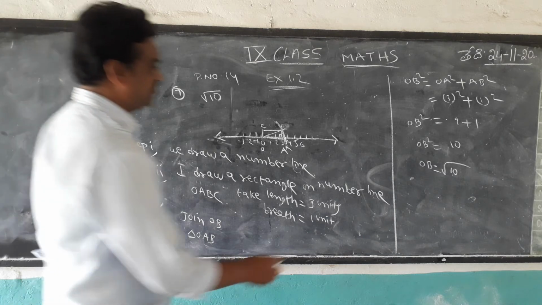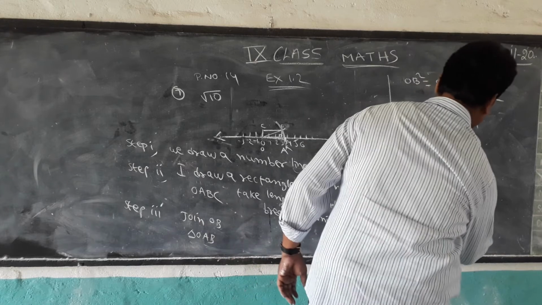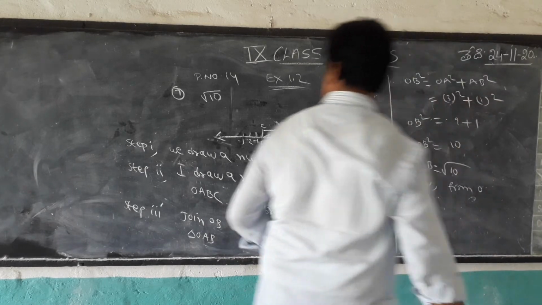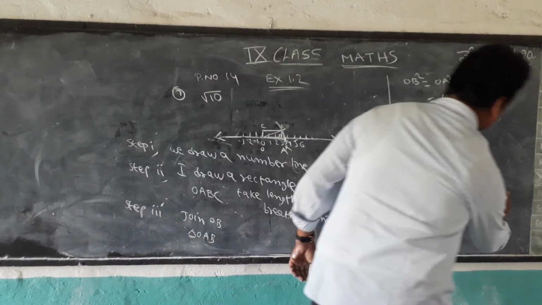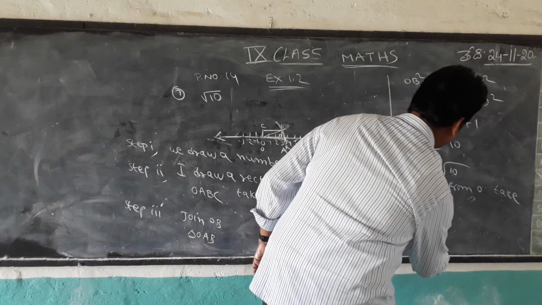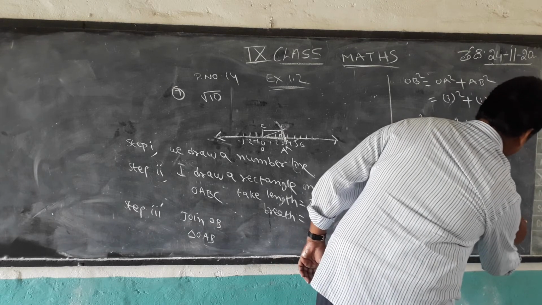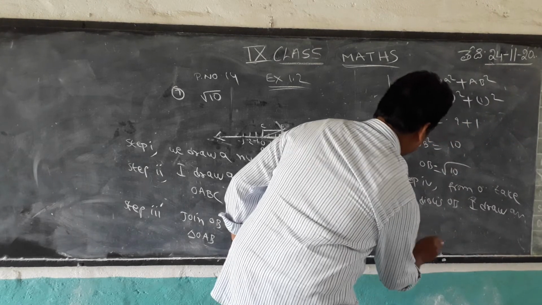Therefore, step 4. From O, take radius OB. I draw an arc.